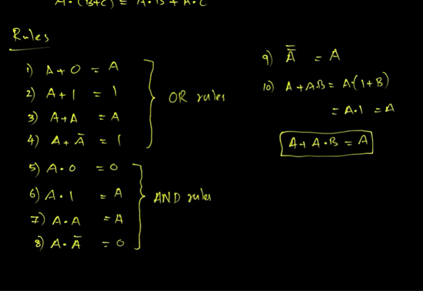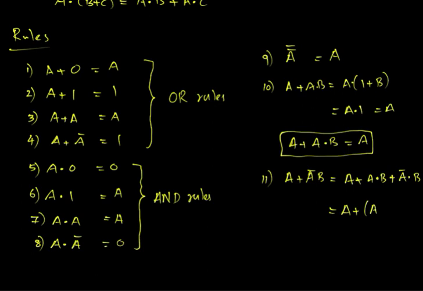Now if you consider another rule, the 11th rule, that is a plus a bar b, a complement b, which is equal to, using rule 10, a can be written as a or a and b, then remaining is or a complement and b, which is equal to a or a.